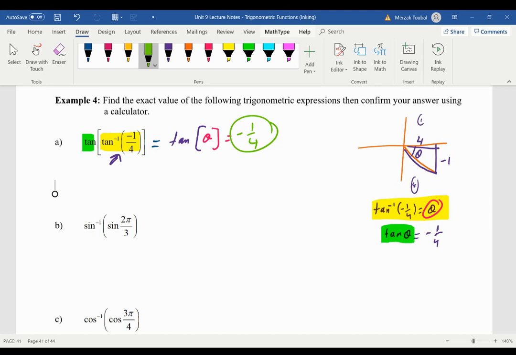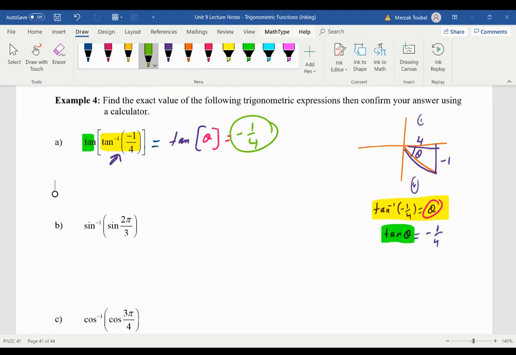For sine inverse and cosine inverse, any input must be between negative 1 and 1, including negative 1 and 1. Anything not in the interval negative 1 to 1 does not work for sine inverse or cosine inverse. Tangent inverse has a domain of negative to positive infinity. Therefore, any value here works, so we don't have to worry about that.